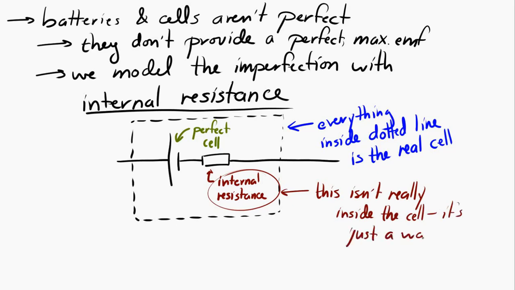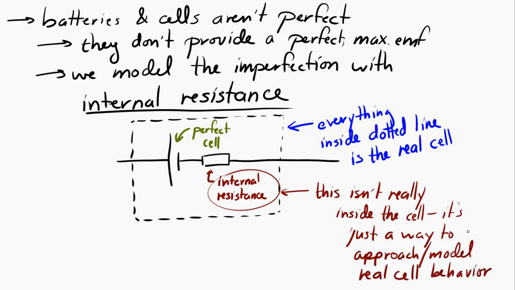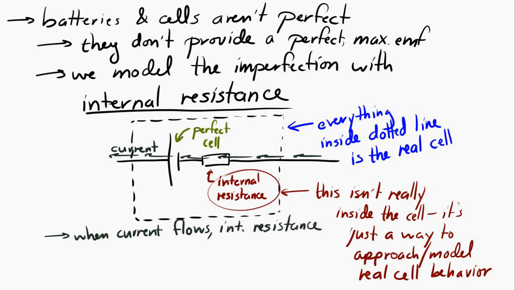But if we use this model, which works pretty well, when current flows through a cell, then there will be a potential difference across this little internal resistance. And that is going to decrease the potential difference across the terminals of the battery. So I'll show you what I mean. The potential difference provided by the battery equals the EMF from the ideal battery minus the potential difference that's lost to the internal resistance.